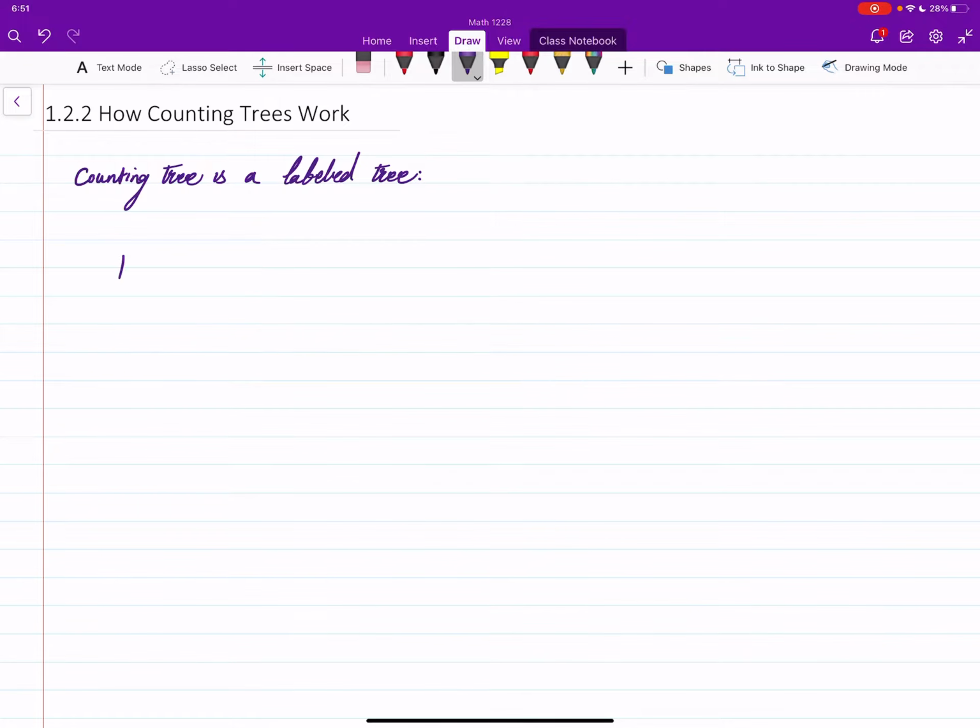So, points labeling rules. The first thing is that the root is labeled by a number: the total number of elements in the universal set.